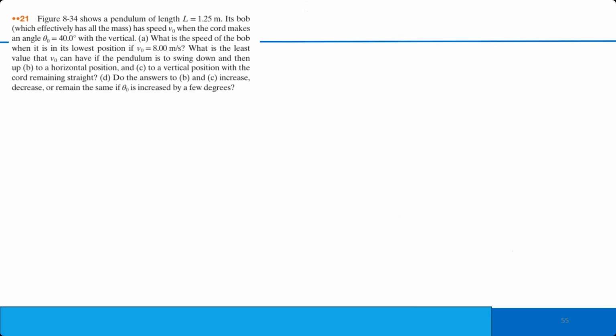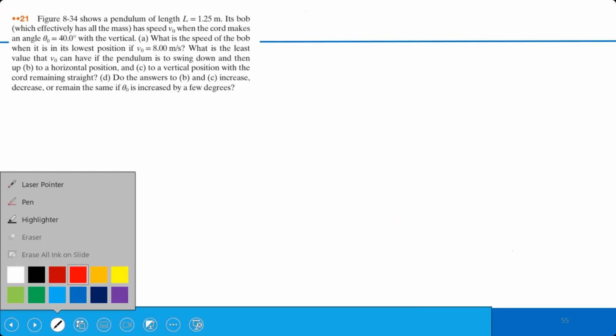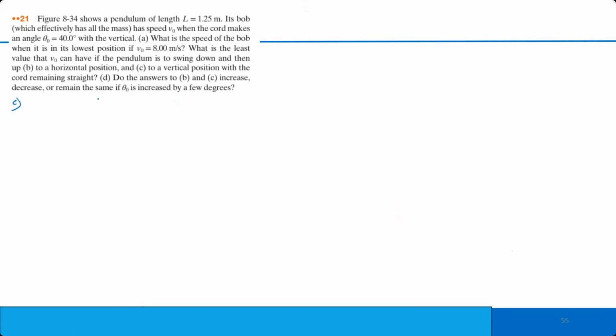So I'll make a sketch for part C as well. Again, the pendulum starts making an angle 40, and it will have to end all the way up. I'll actually repeat it. I'll redraw because I'll need some space on top.